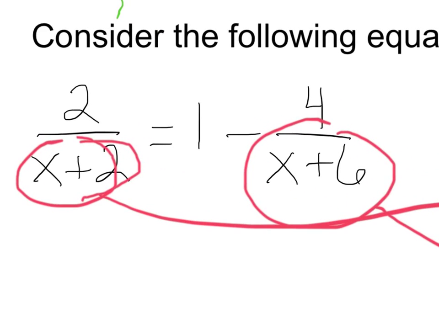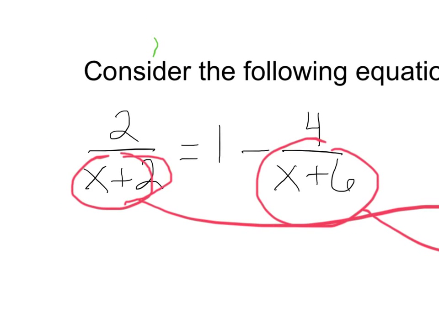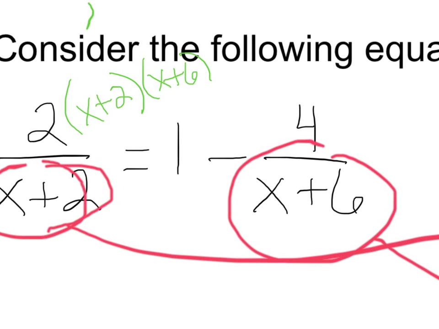So we're going to take 2 times x plus 2, and then also x plus 6. That's going to be our common denominator that we multiply times every single one of those terms. So 1 times x plus 2, x plus 6, and then 4 times x plus 2, x plus 6.